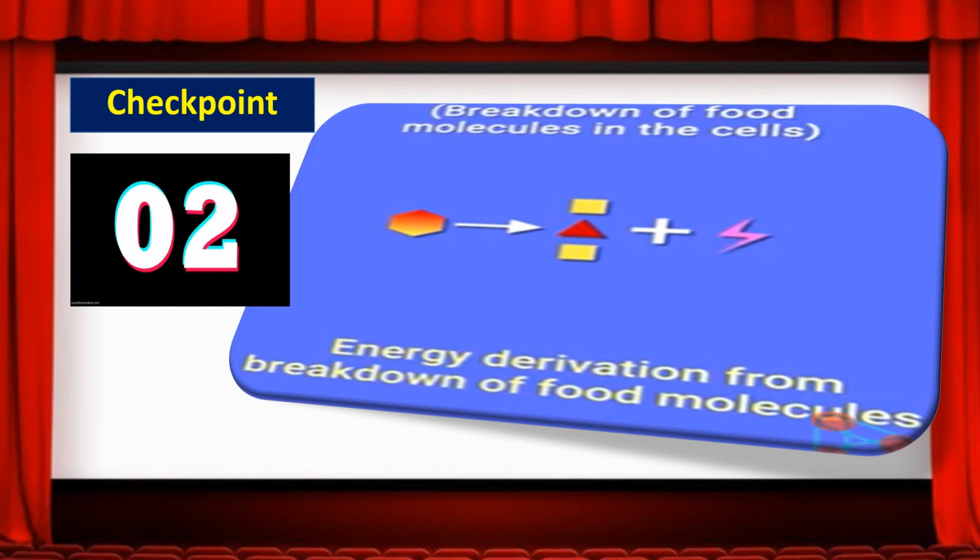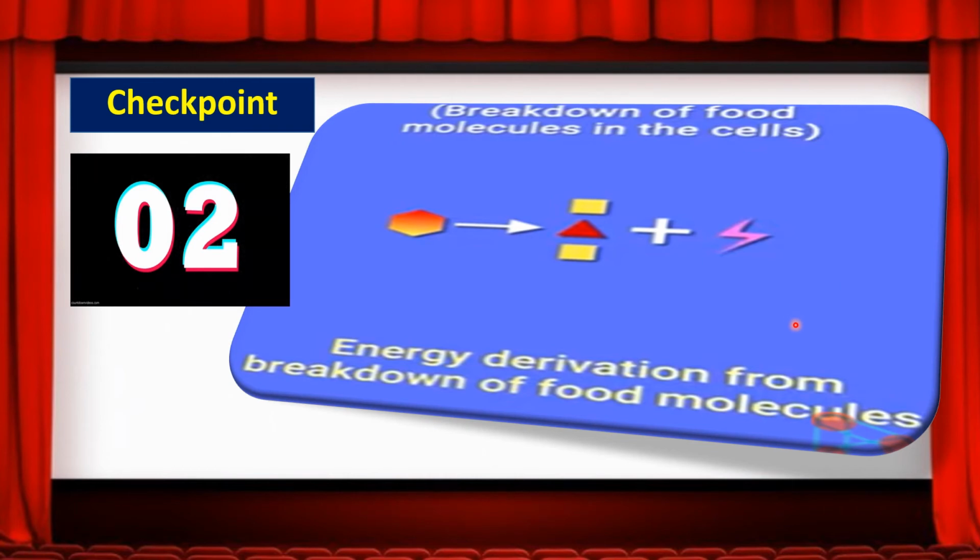Okay, so let's have a checkpoint. Let me see if you understand our lessons. Look at the picture. What type of respiration is this? We have three types of respiration based on our discussion: internal, external, and cellular.